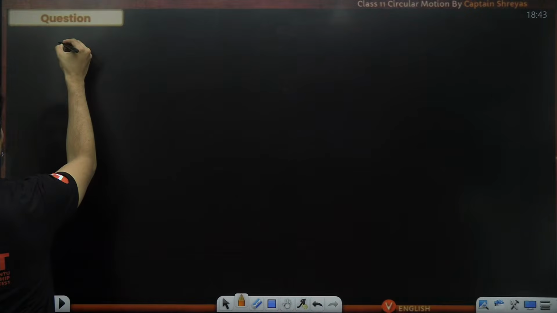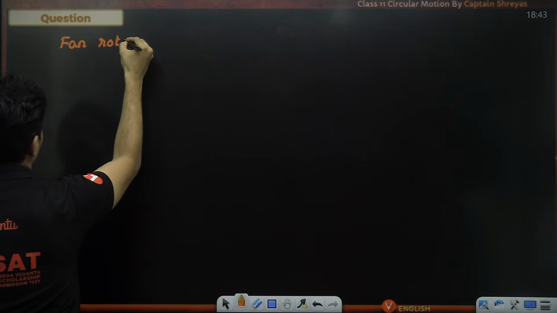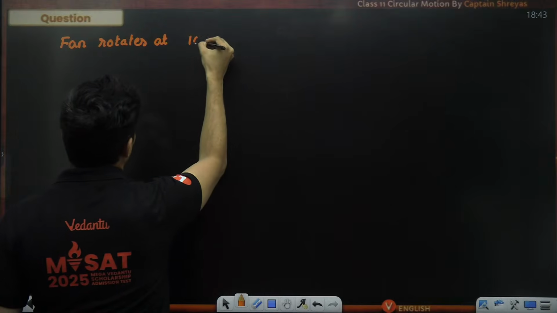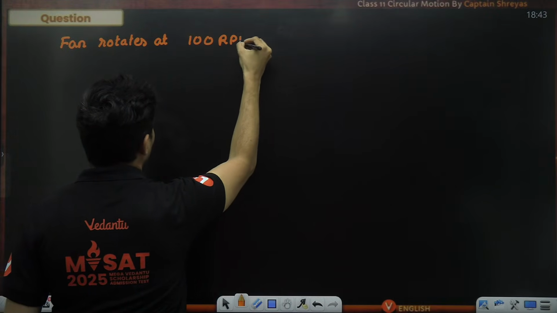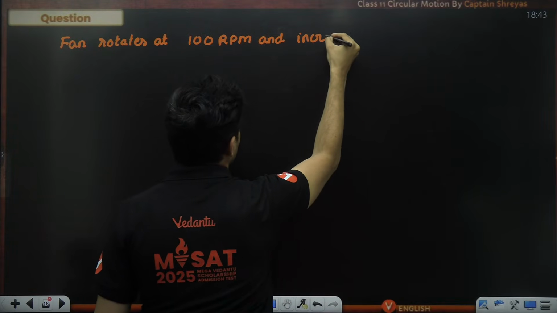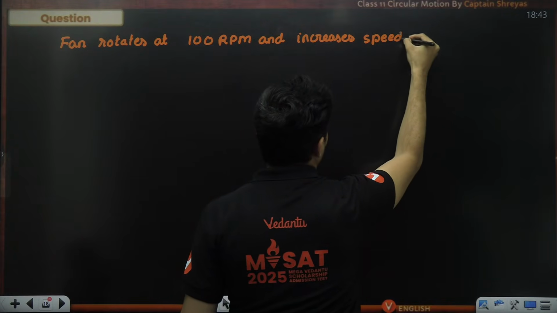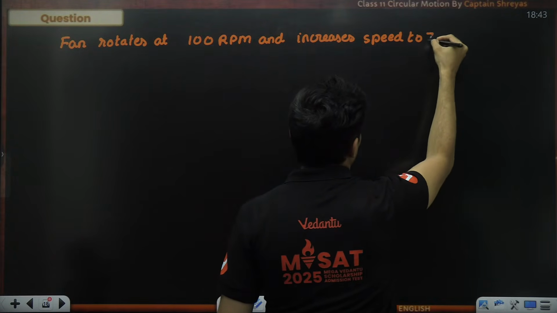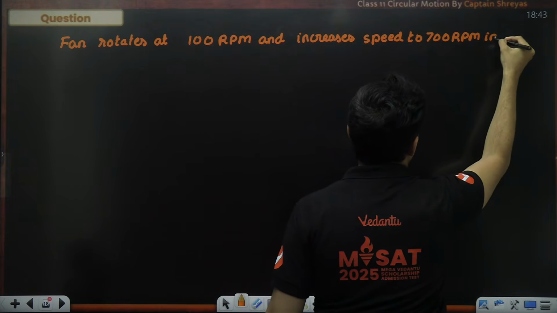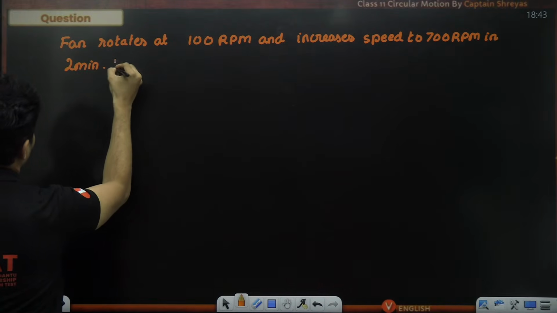So there is a fan which rotates at 100 RPM and increases the speed to 700 RPM in 2 minutes.